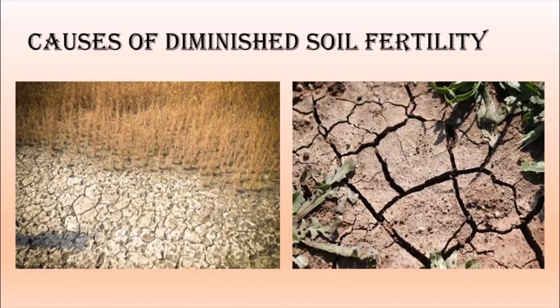So if that proportion gets altered, the soil loses its fertility. Even if the proper amount of water is not given to the soil, the soil loses its fertility. And if a greater amount of fertilizer is given, for example chemical fertilizers are used in very large amounts, then also the soil fertility is reduced. So all these factors reduce the soil fertility, and it will indirectly affect the plant.